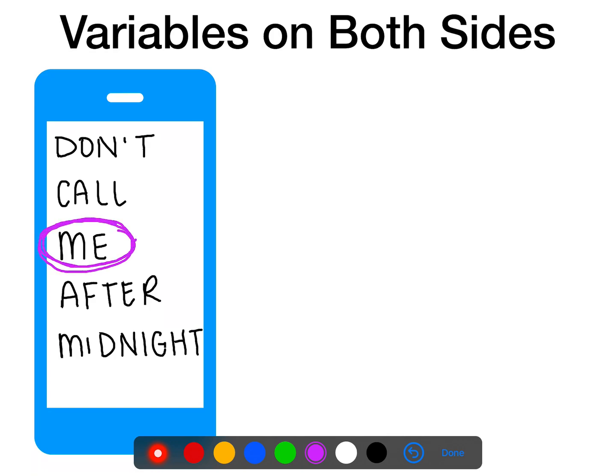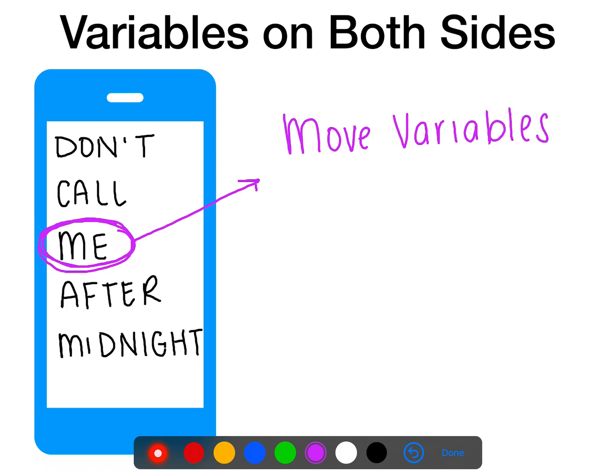So you remember the ME step stands for move variables. And when we're talking about moving variables, that means that they are on opposite sides of the equal sign.